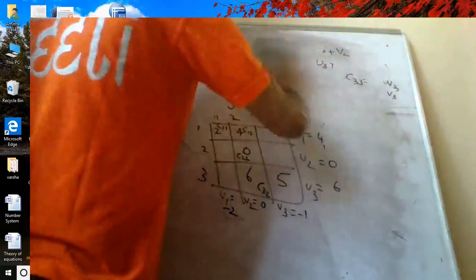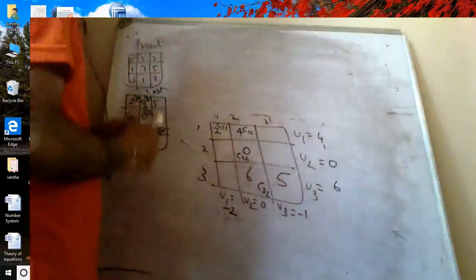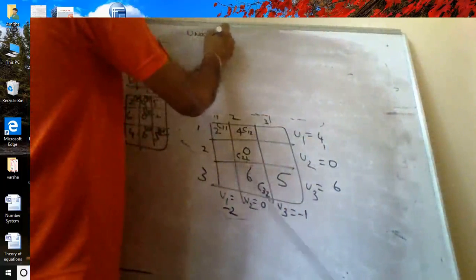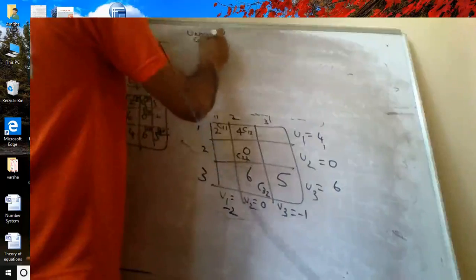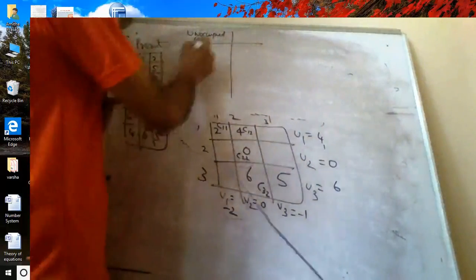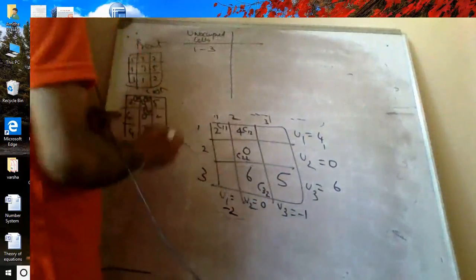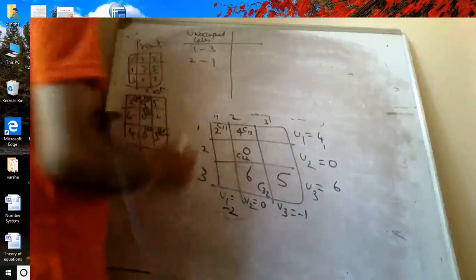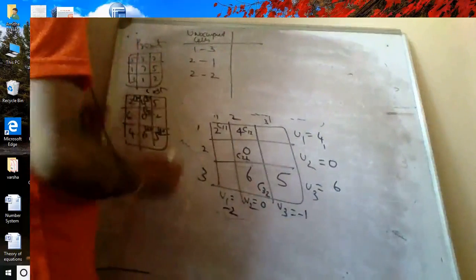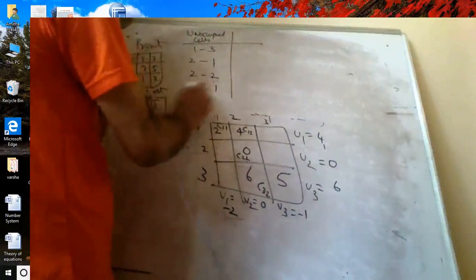Now the last table: the unoccupied cells. These are the unoccupied cells: 1 to 3, 2 to 1, 2 to 2, 3 to 1.